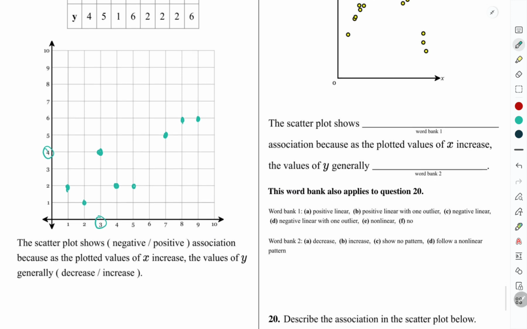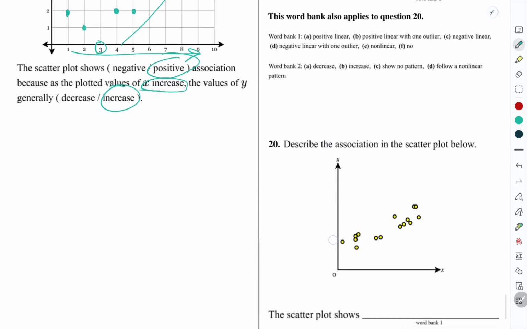All right, if I had to say what the association or correlation is, I would say that's positive. My dots kind of look like they're going up, because as we go this way on the x-axis, my dots go up, they increase.